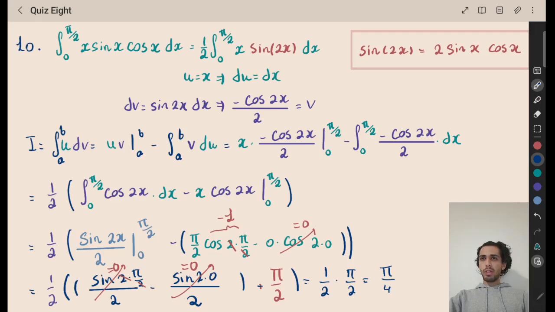Now let me check this. And it seems like I did not get pi over 4. The answer should be pi over 8. So maybe give me a moment to look into this and see where I made a mistake, if I did. I found it.